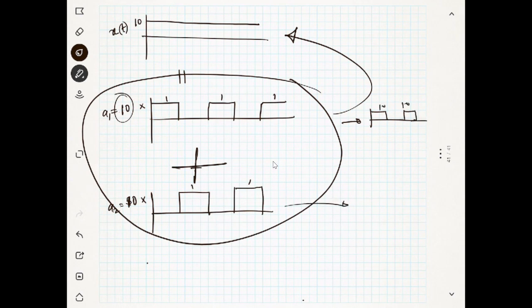And what about this signal? You multiply with 10. Are you getting my point? You can see here, if I add these two signals, I will get my original signal.